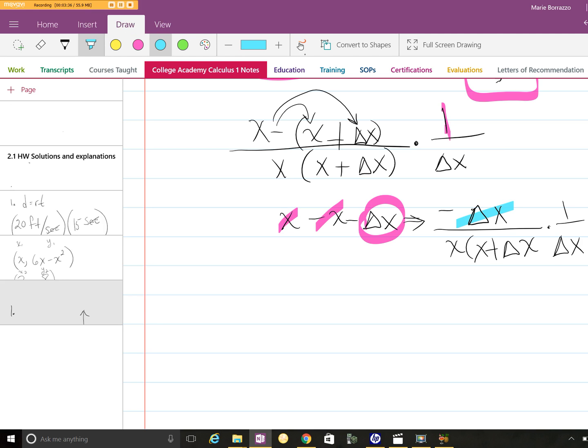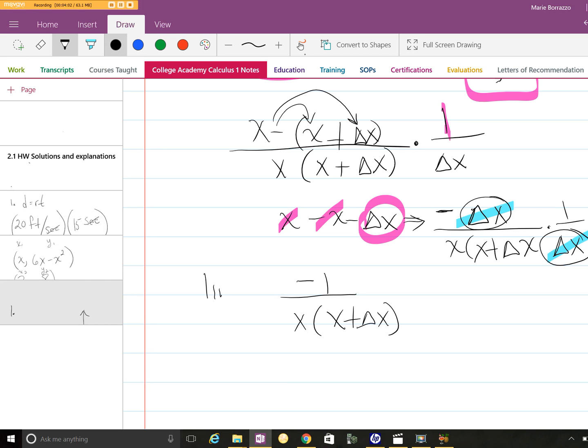So this is going to cancel with this going across, kind of simplifying your fraction a little bit. And you're going to be left with negative 1 over, because what canceled was this part of the function, not the negative. If you notice there, okay? So negative 1 over x times x plus the change in x, that's our denominator. And we're still looking at the limit of the change in x as we approach 0 from the left.